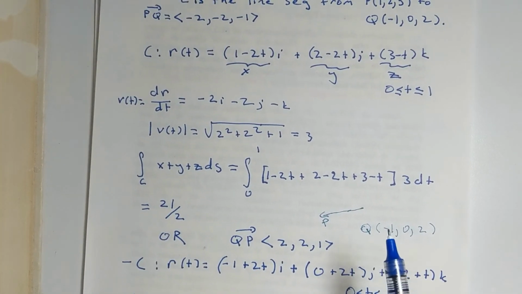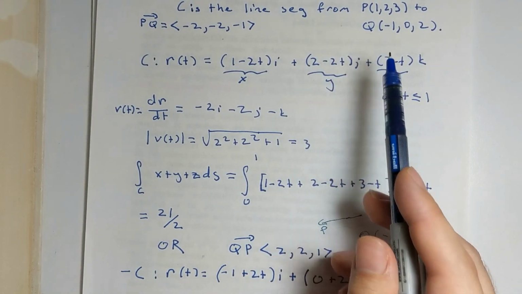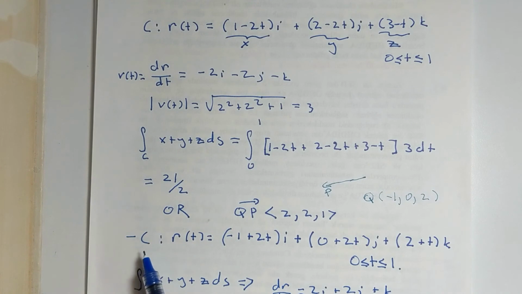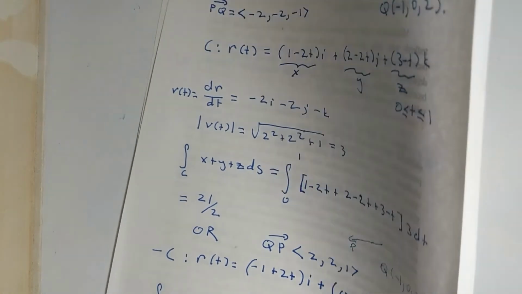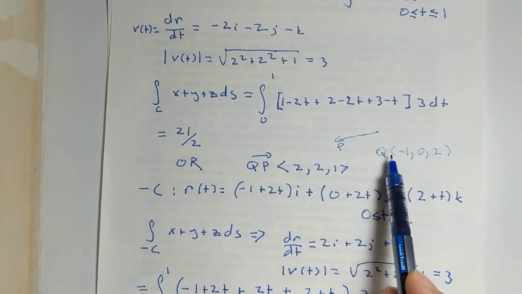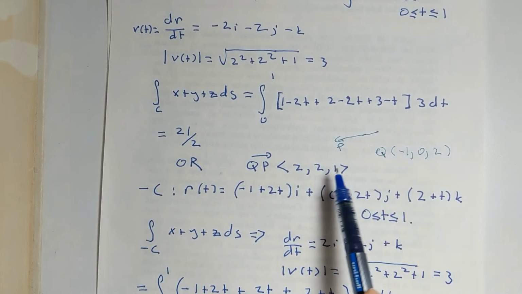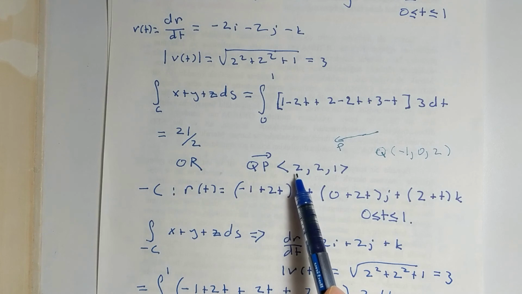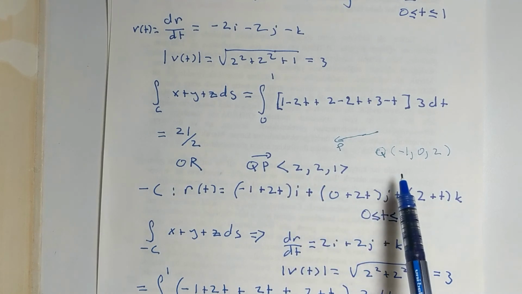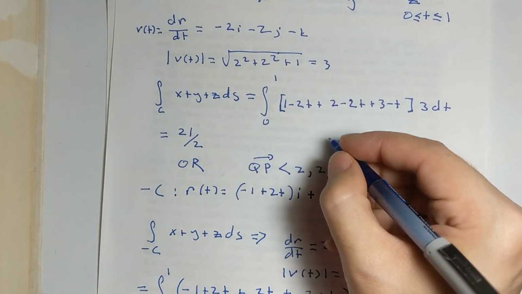Now I'm not going to go from P to Q. What happens if we go from Q to P? What happens if we do the opposite orientation? Q was (-1, 0, 2) and P was (1, 2, 3).